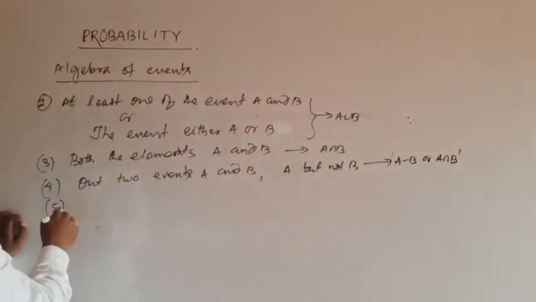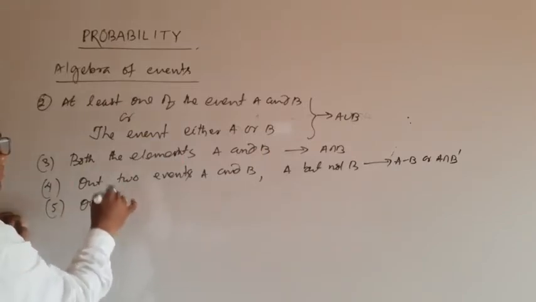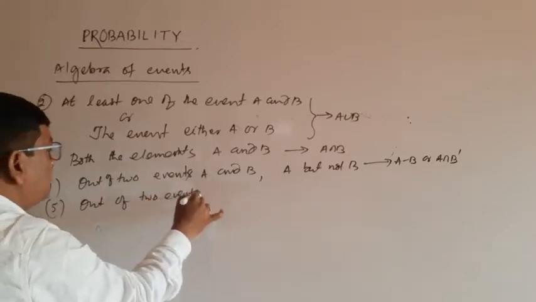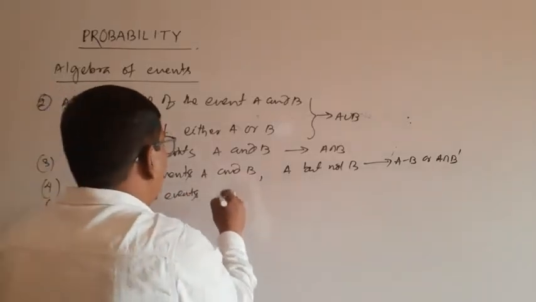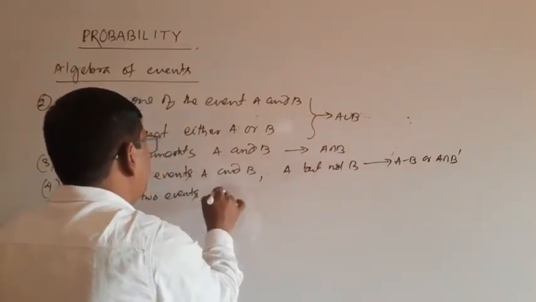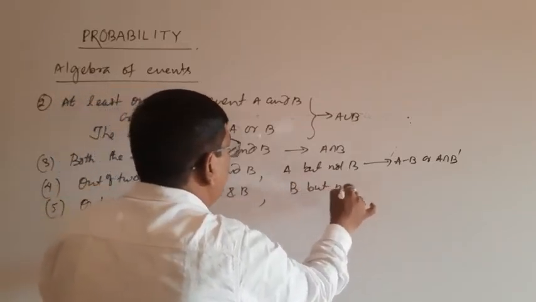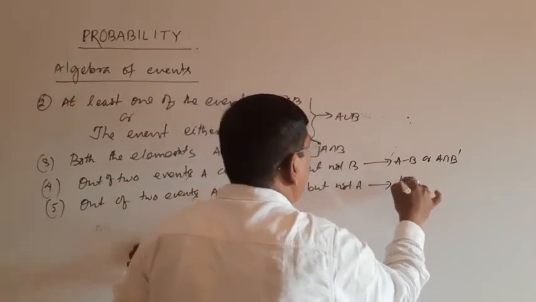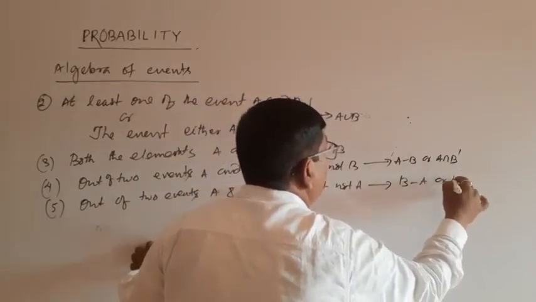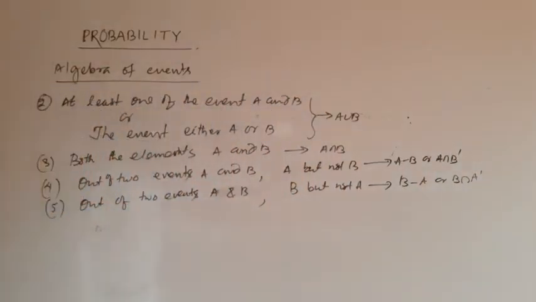Number five, out of the two events A and B, B but not A is denoted by B difference A or B intersection A dash.